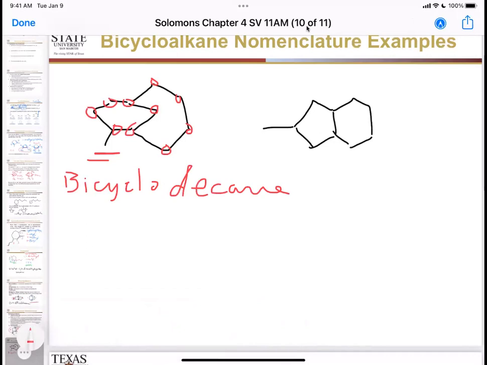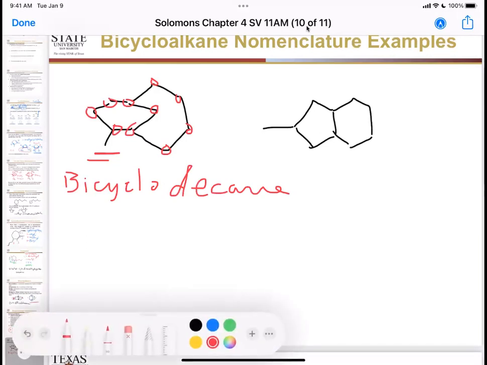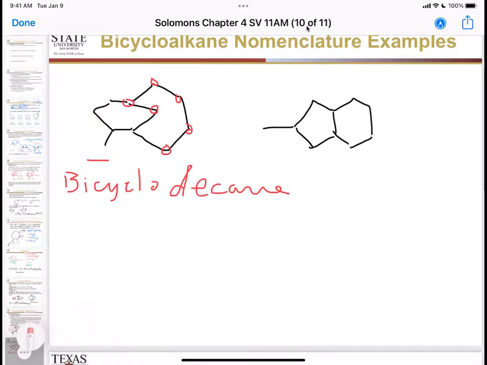So substituents are really weird on bicyclo compounds. Now, remember, in bicyclo compounds, we number our bridges by the number of carbons in each bridge, and we put the bigger number first. So let's do that part before we talk about the substituent. So if we have that, what are our bridge numbers going to be?